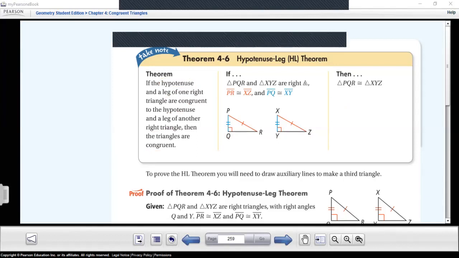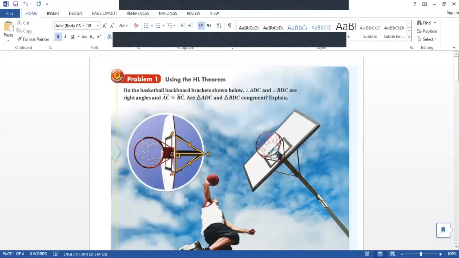Let's see an exercise for that. Here we have problem number one. Using the HL theorem. HL means hypotenuse leg.